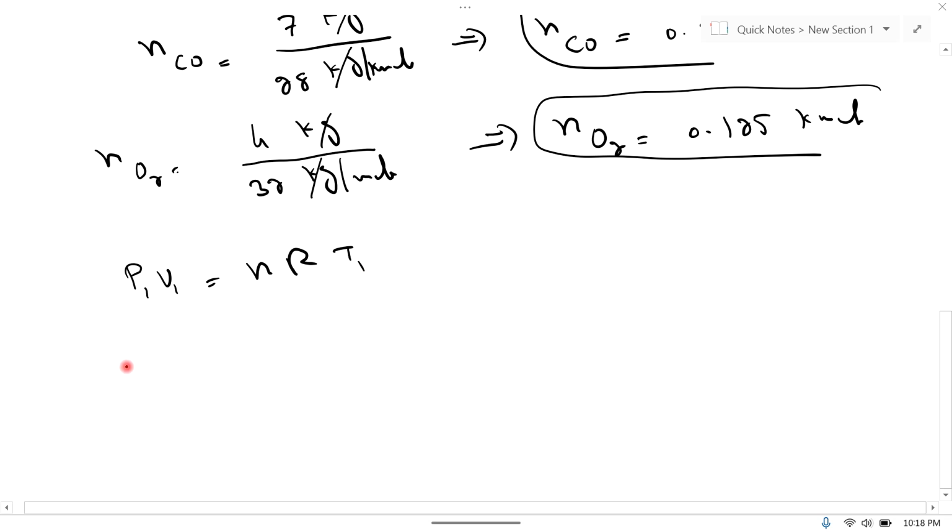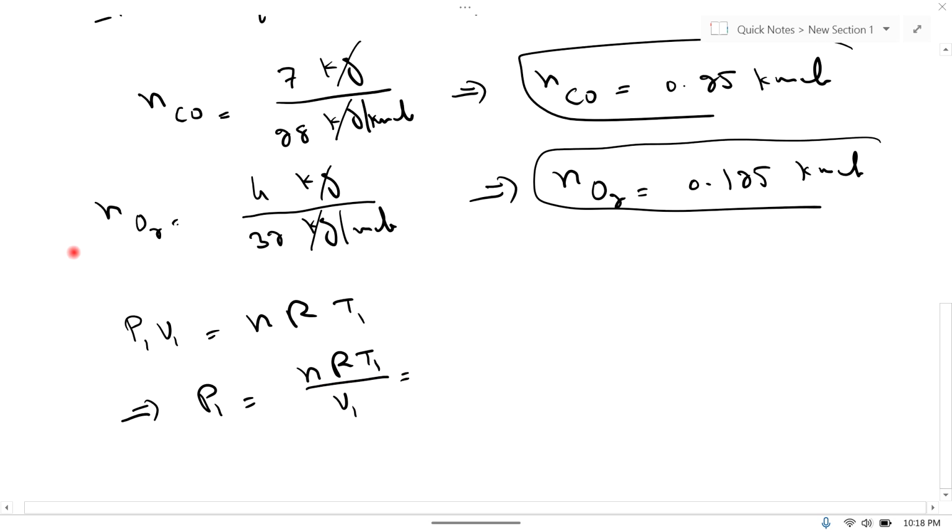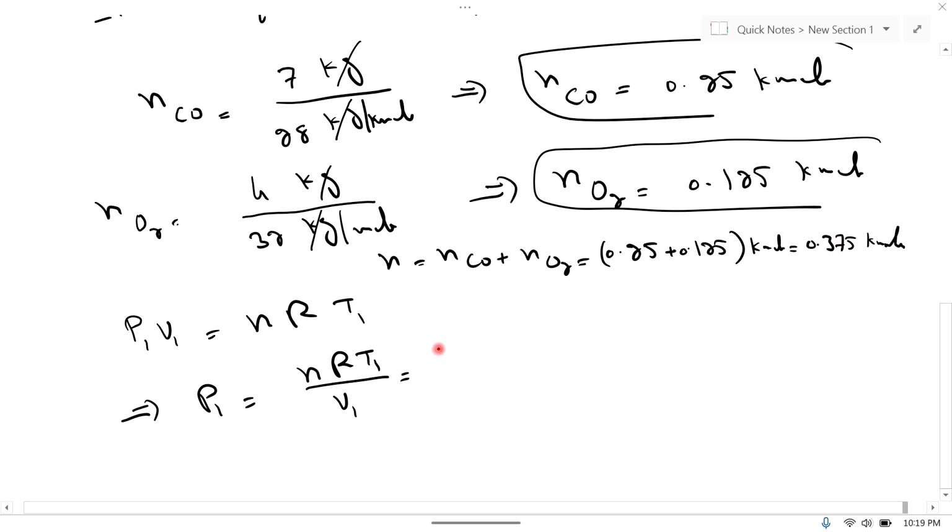Now to find pressure P1 at temperature T1, we have the equation P1 V1 is equal to nRT1. So P1 is equal to nRT1 divided by V1. Now n is equal to number of moles of CO plus number of moles of O2, which is equal to 0.25 plus 0.125 kilomoles, which is equal to 0.375 kilomoles.